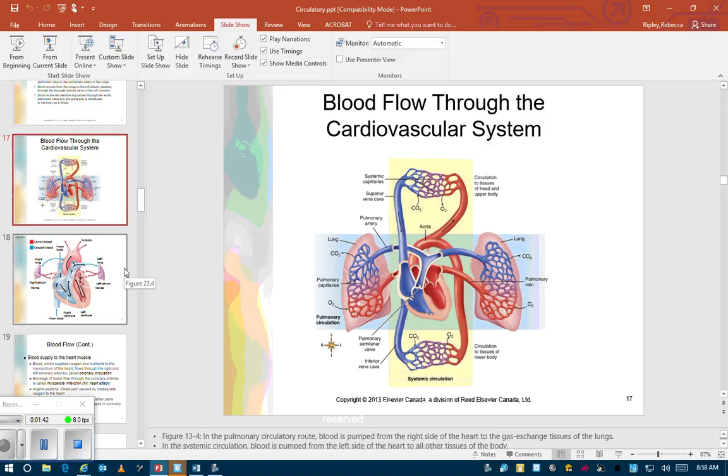So it's showing the right side of the heart getting blood into the atrium, ventricle, and coming out to the lungs. It actually shows it changing over to red in the lungs, then coming back to the left side, and then going out to the body, and then coming back. So those diagrams might help you when you're studying.